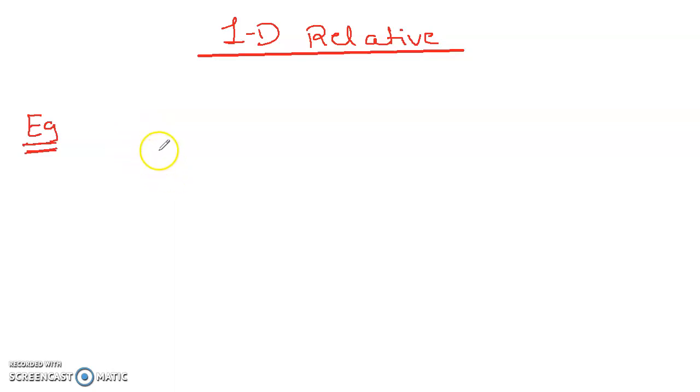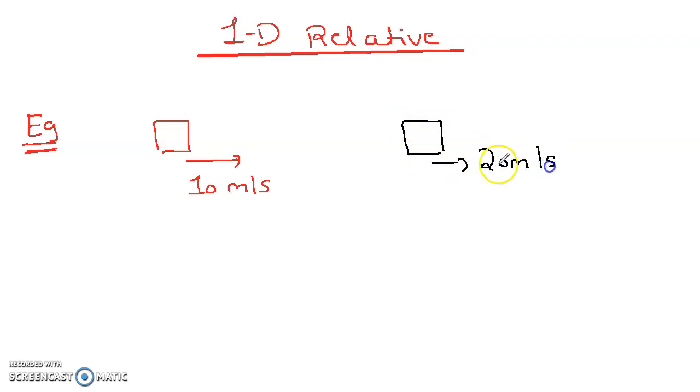In that case, if I say there is one body moving with a velocity of 10, say for example, and there is another body moving with a velocity of 20, and there is one body which is the ground frame, not moving, 0.